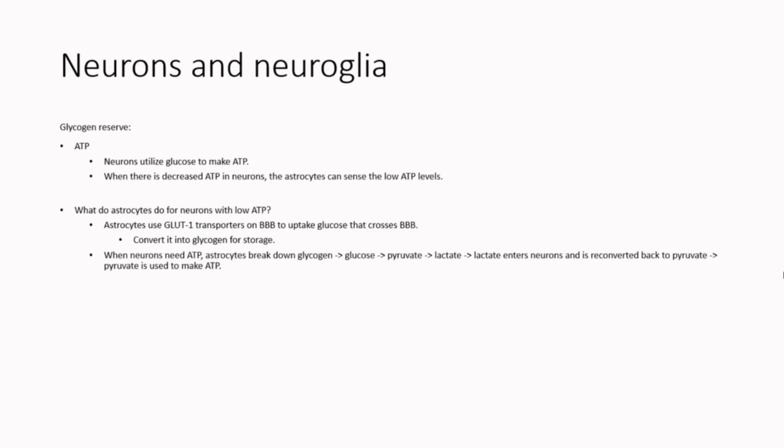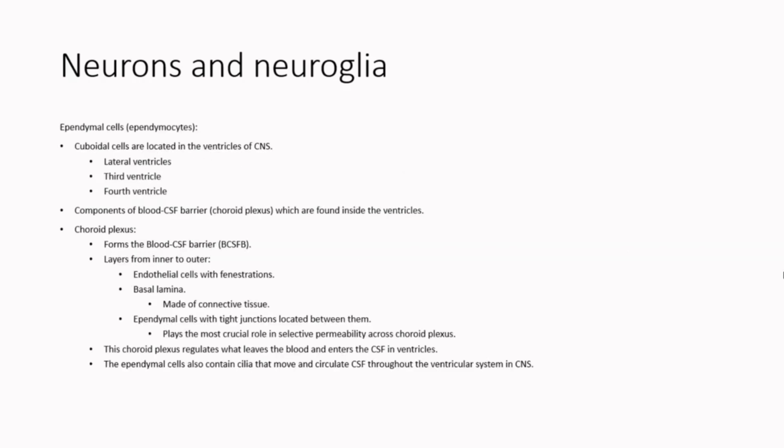Then, once in the astrocyte, it will convert it into glycogen so we can have it for storage. And once the neurons are low in ATP, the astrocyte will break it down back to glucose, then to pyruvate, then to lactate. And this lactate will enter the neuron and is reconverted back to pyruvate, and pyruvate will be used to make ATP.